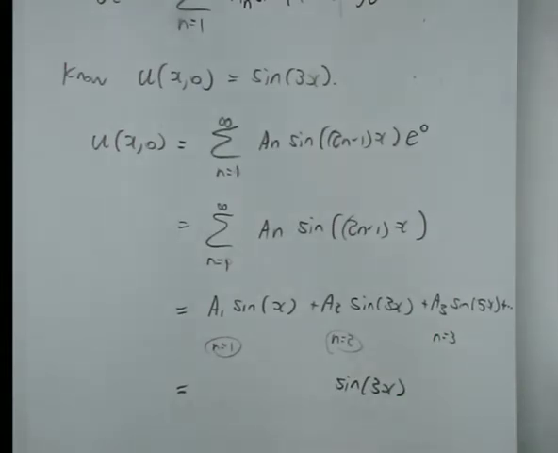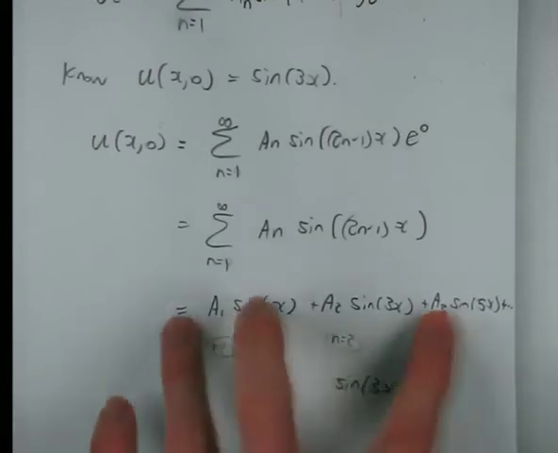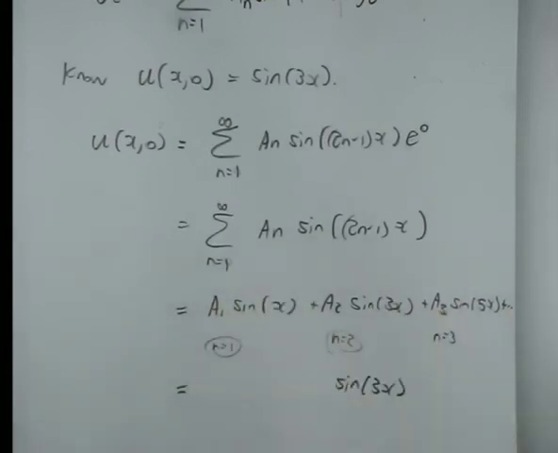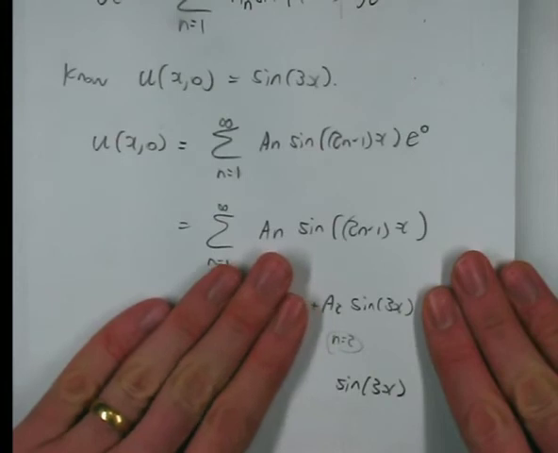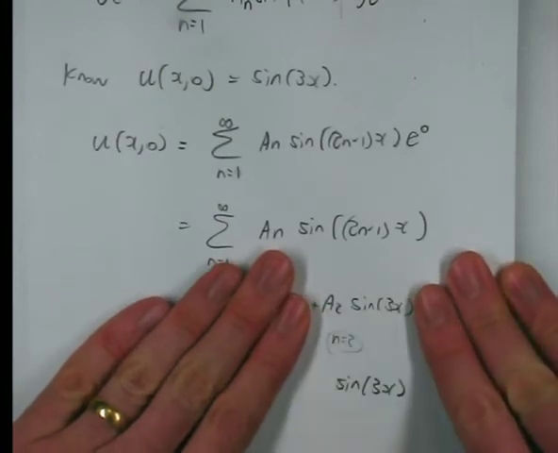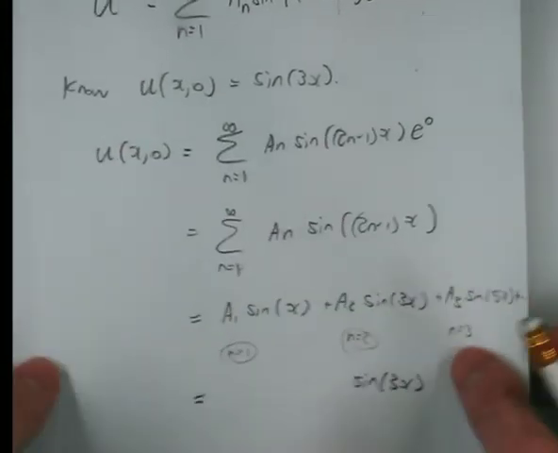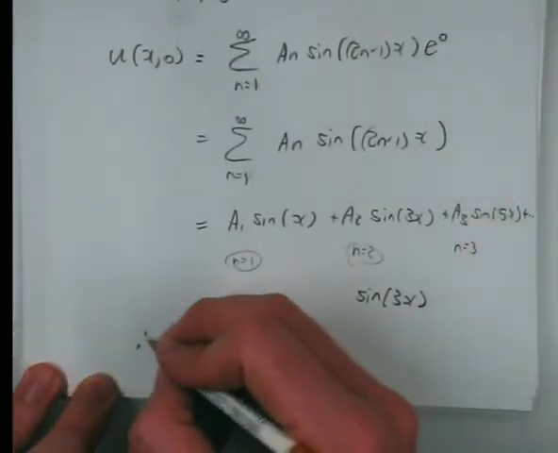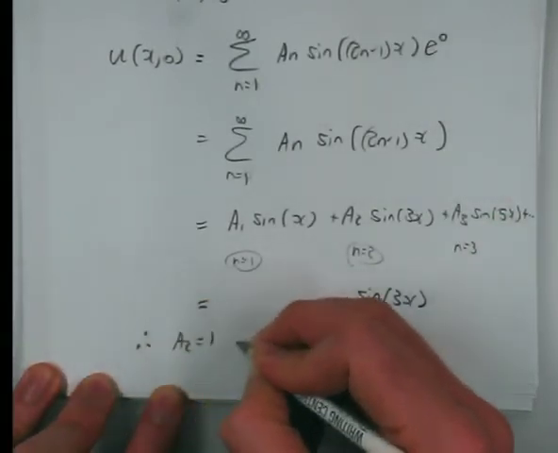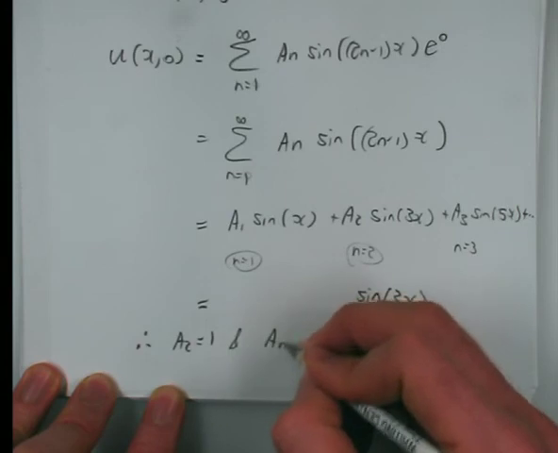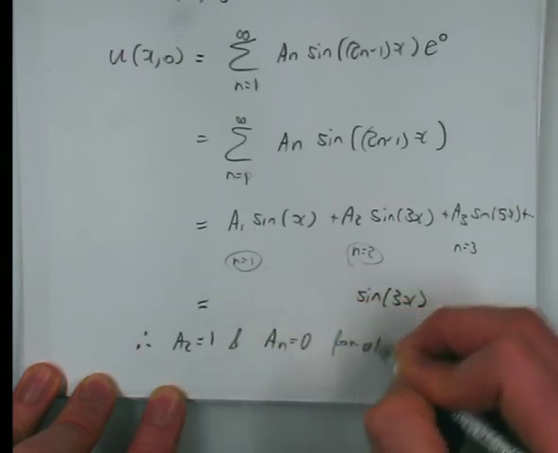The only way that can possibly be equal to sine 3x is if that one is 1 and all these other ones are 0. Because then it would be equal to sine 3x, right? If they were 0 and that was 1, this would be equal to sine 3x. And so therefore, a2 equals 1 and an equals 0 for all other n.